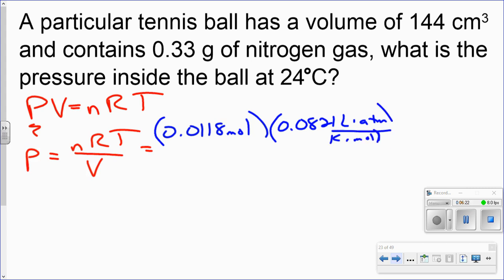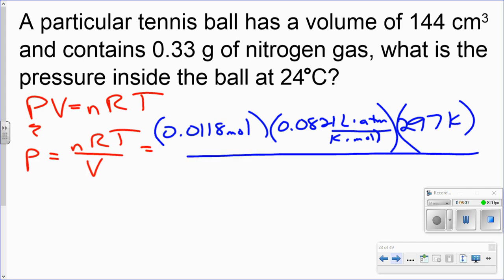Whoopsie, kmol. And then T is 24 degrees Celsius. Well, that's 297, I believe. Let's just add that up, 273 plus 24 is 297. So that's my Kelvin temperature over the volume, and the volume is 144 centimeters cubed. Now, don't panic, that's 144 milliliters. Remember, centimeters cubed and milliliters are exactly the same thing.